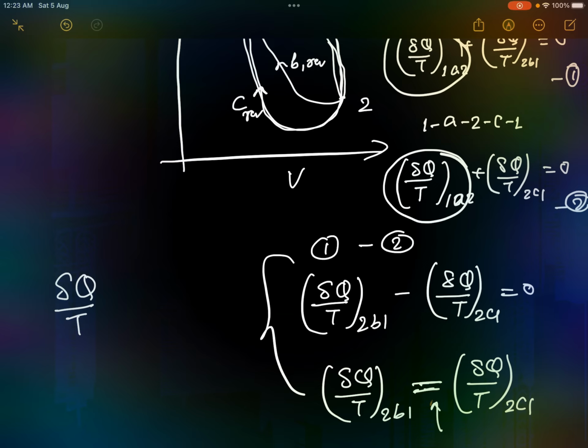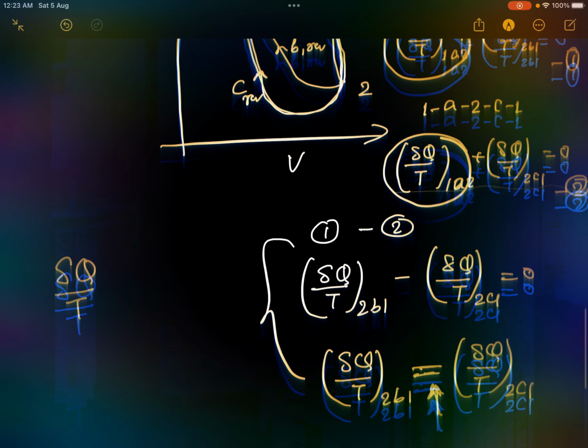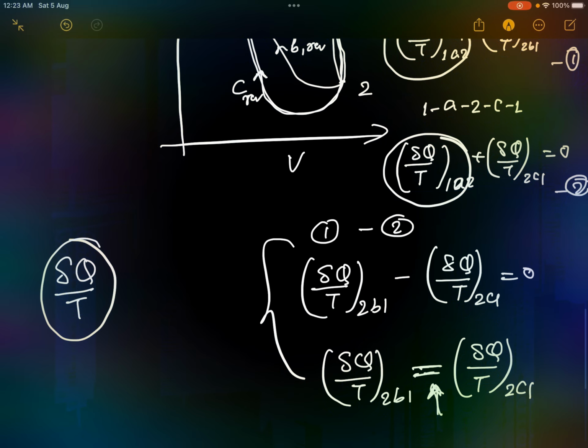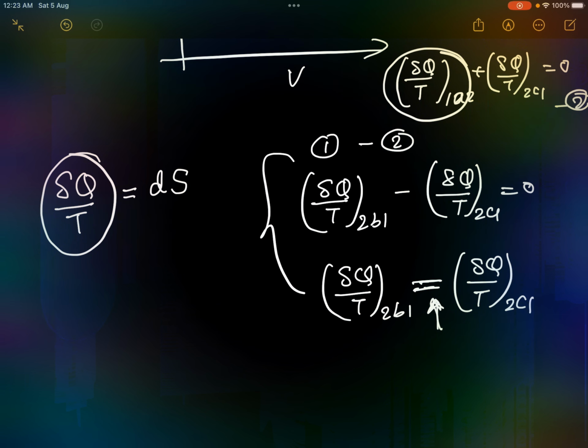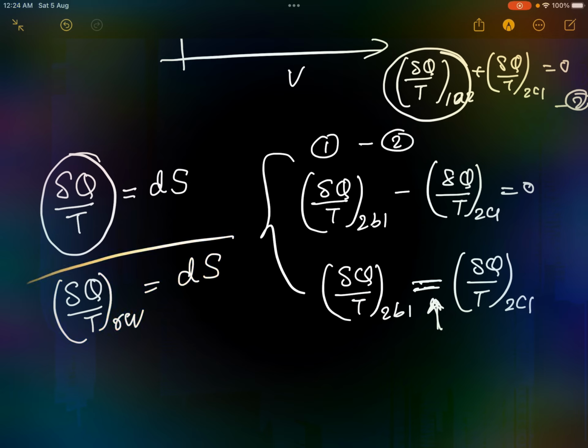So this value is defined as the change of entropy. So now we can say that del q upon T for the reversible path is called the entropy change.